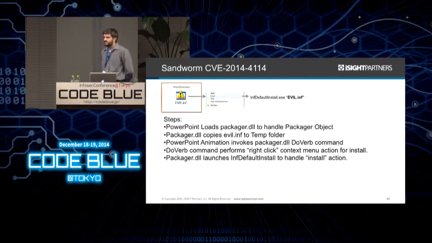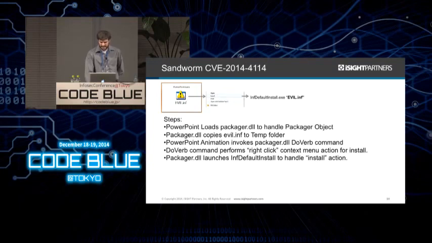This do verb command is associated with doing a right-click context menu for an INF file. The right-click do verb action was to do the second one in the list, which is to do an install. When you right-click an INF and click install, it launches INF default install and uses that user-controlled INF file. At that point, you've got code execution because it's running the attacker's code.